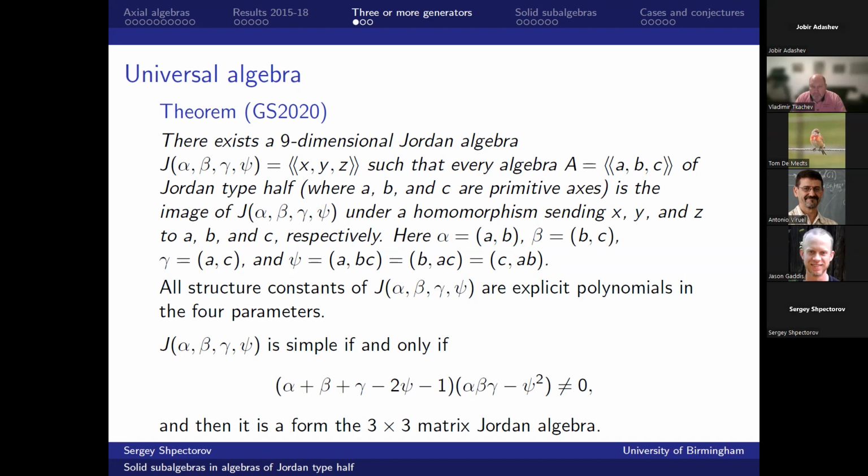And of course, alpha, beta, gamma, and psi have to be chosen carefully. They're just values of the Frobenius form as explained on this page. So basically, this is the universal algebra.